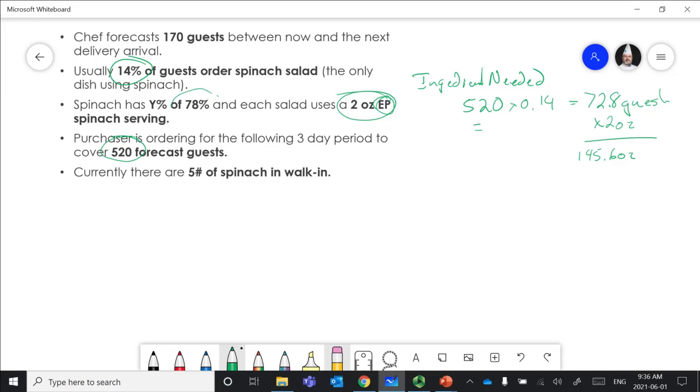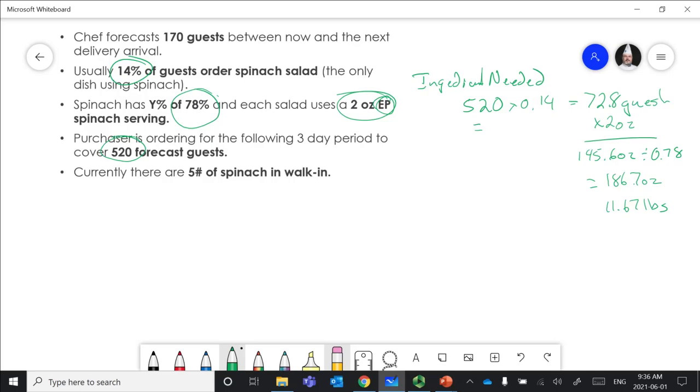So now we can take our yield percentage and divide by our 0.78 to give us an ingredient needed of 186.7 ounces or 11.67 pounds. Okay. So this is ingredient needed to serve those 520 guests.